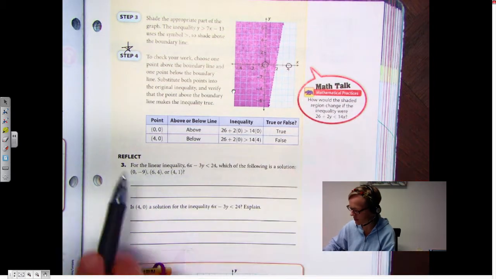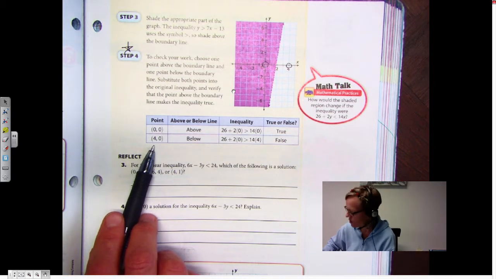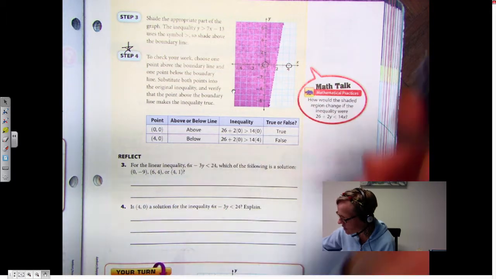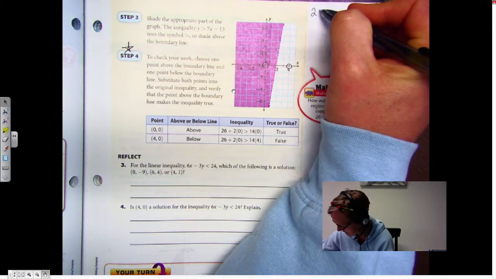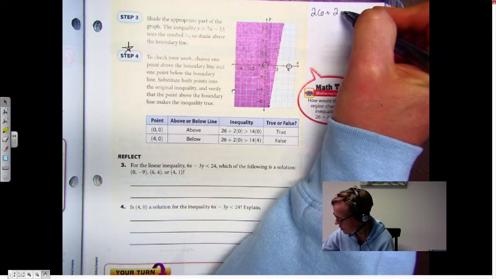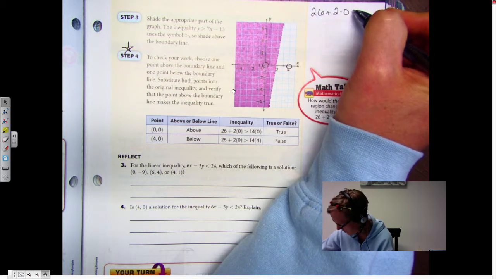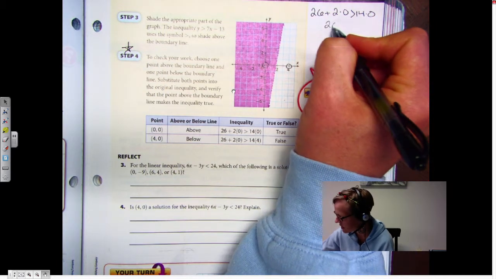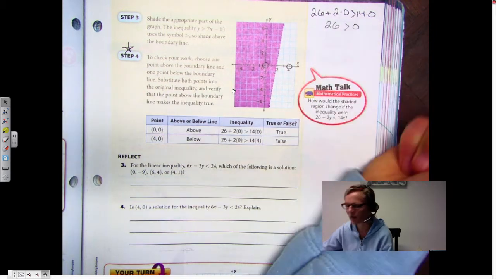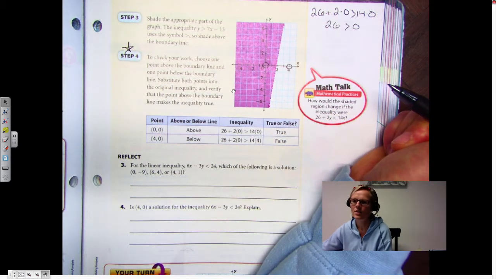They've chosen the same numbers down here. So when you plug these into the original inequality, we have 26 plus 2 times 0 is greater than 14 times 0. Is 26 greater than 0? Yes, 26 is greater than 0.